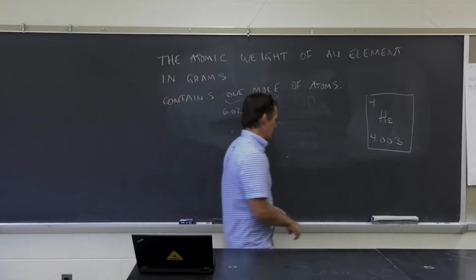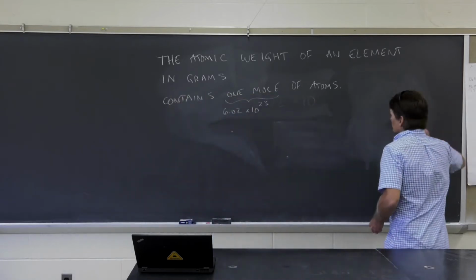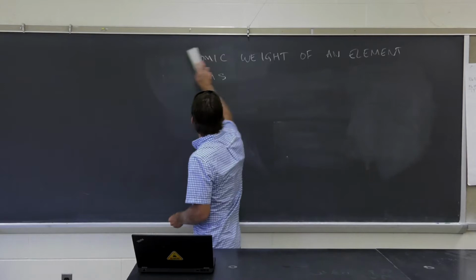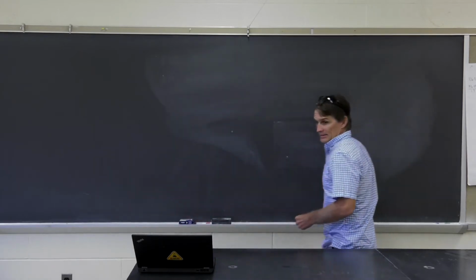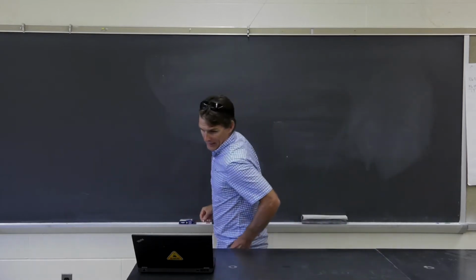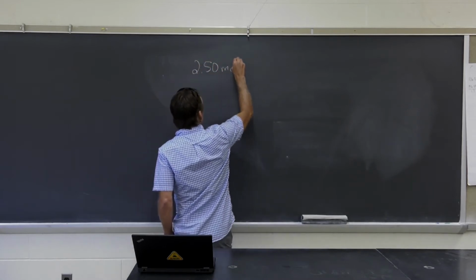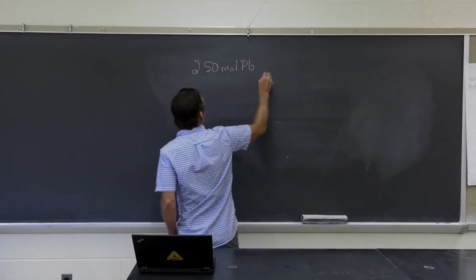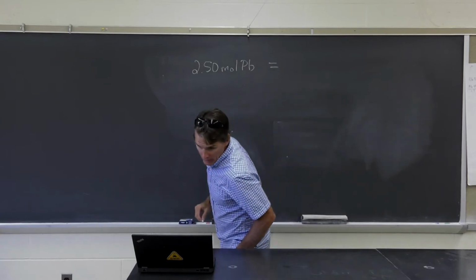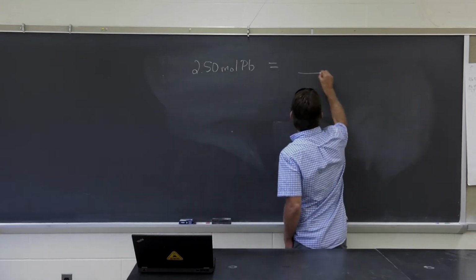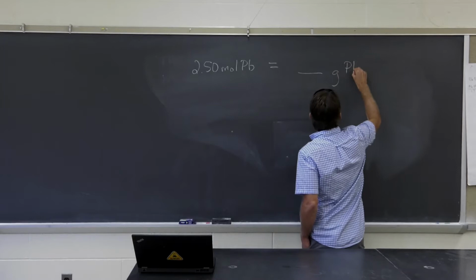Let's run through that problem together. If I have 2.50 moles of lead, we want to know what's the mass of that. So how many grams of lead is that?